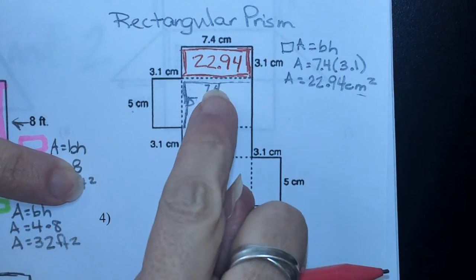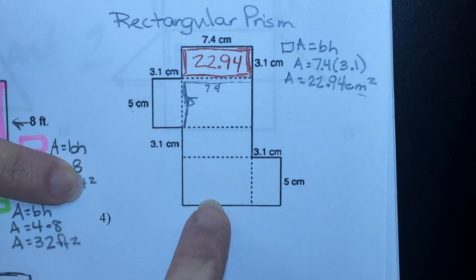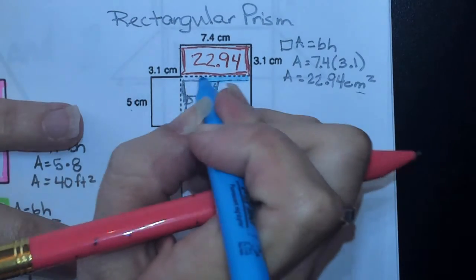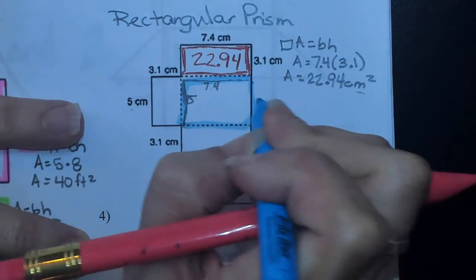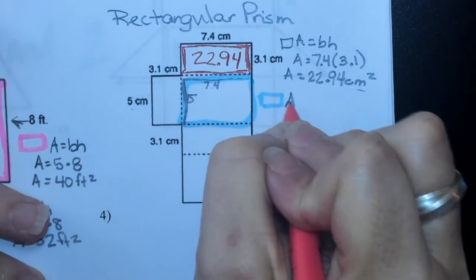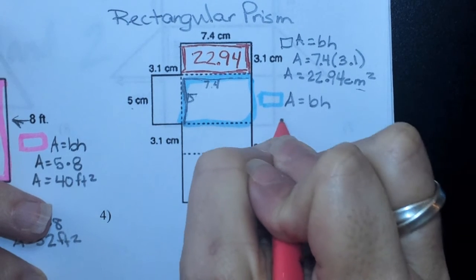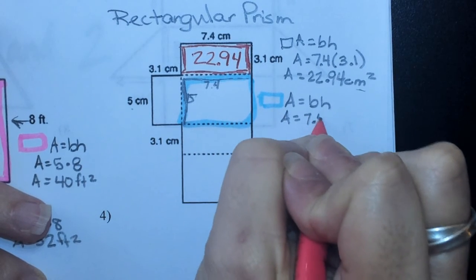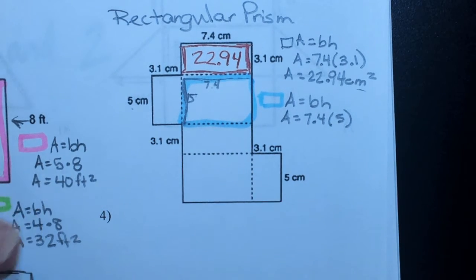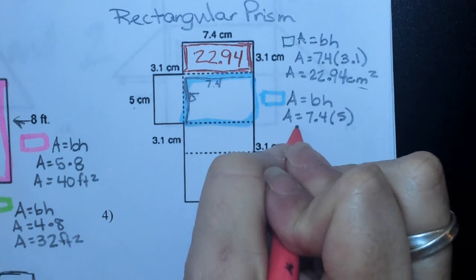Because if it's up here, it's going to go all the way down. So, 7.4 times 5. 37.